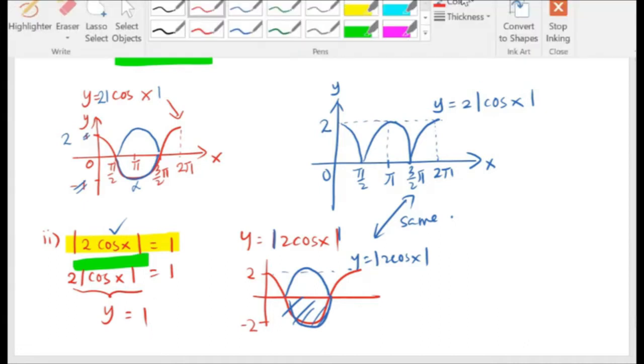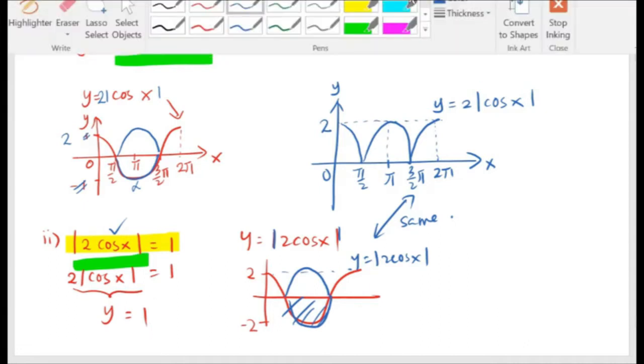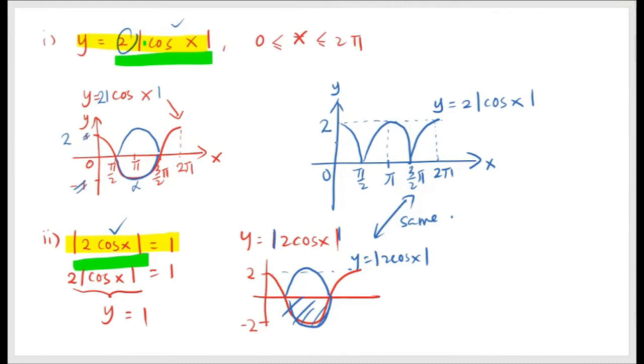How to draw y equal to 1? 1 is here, just draw a straight line, y equal to 1, on the part A graph. Then find the intersection points: 1, 2, 3, 4. So your answer, the number of solutions, equals 4. That's it. Then you will get your full marks.